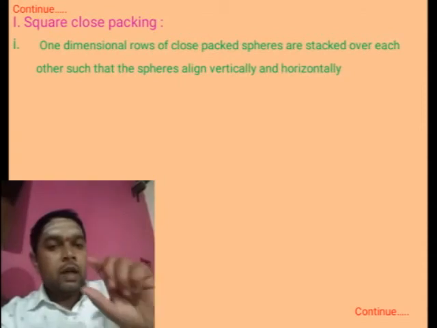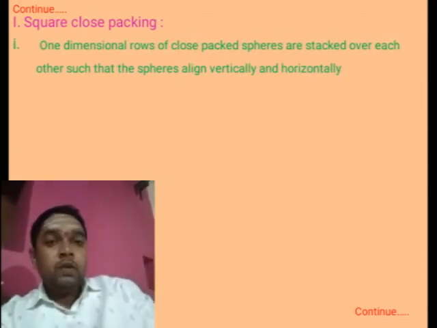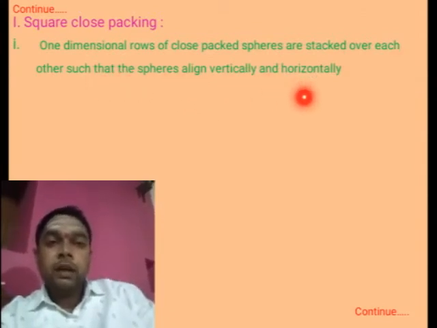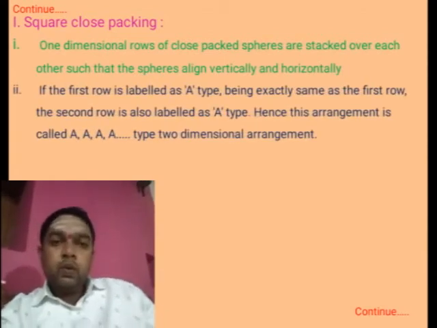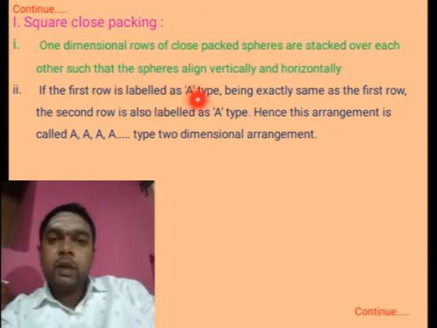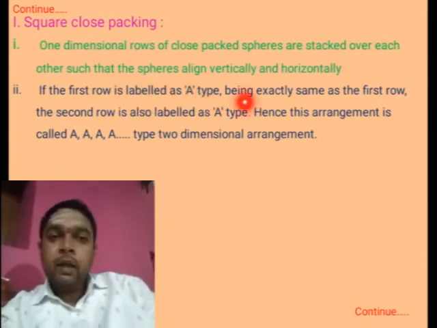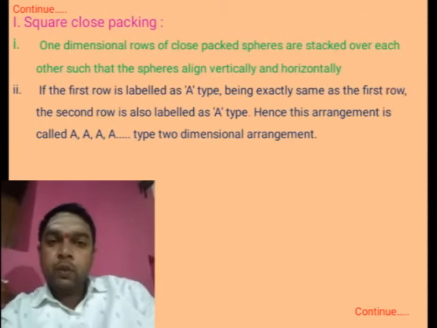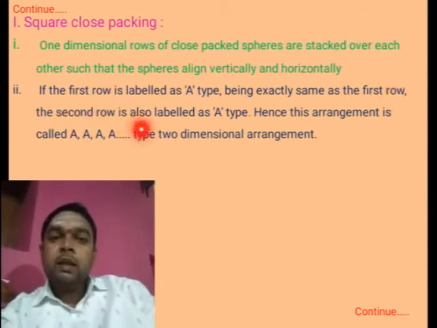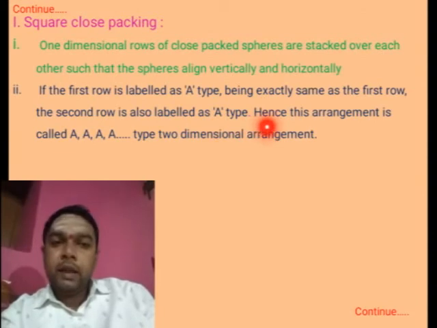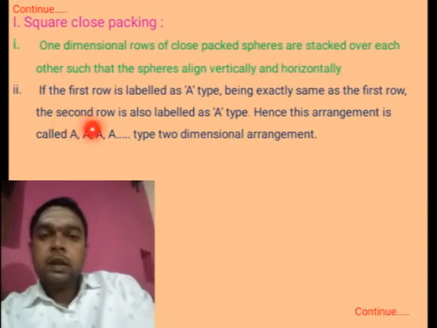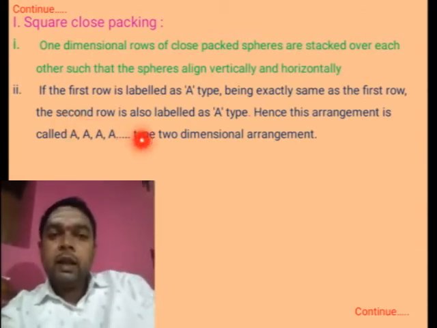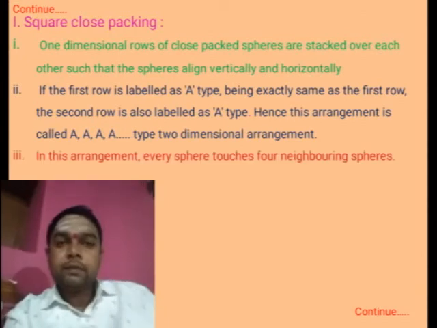If the first row is labeled as A type, the second row, exactly the same as the first row, is also labeled as A type. Hence, this arrangement is called an AA type two-dimensional arrangement.